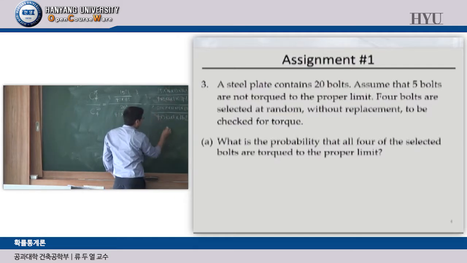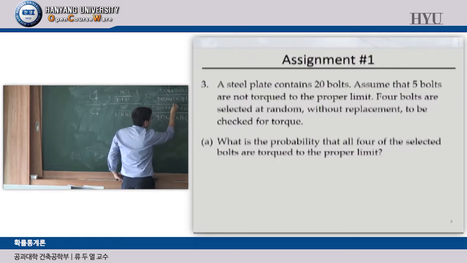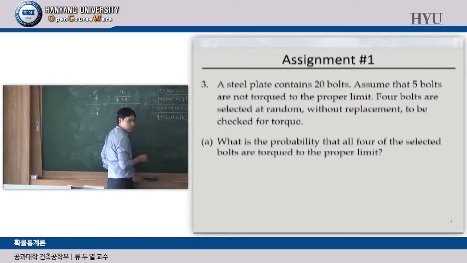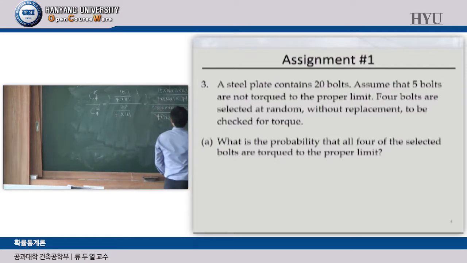And 4 can be eliminated by dividing 20, and 5 will be left. And 3 times 2 can be eliminated by dividing 18, and 3 will be left here. So this will be 5 times 19 times 3 times 17.